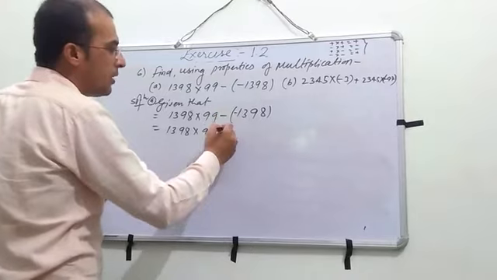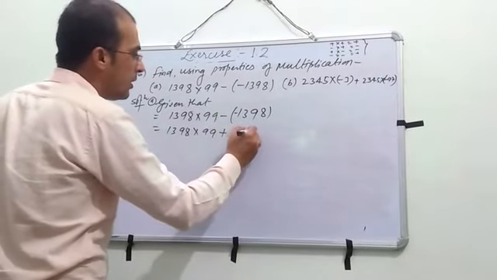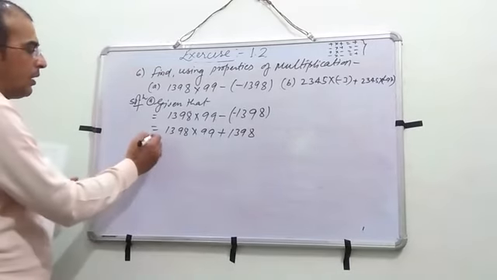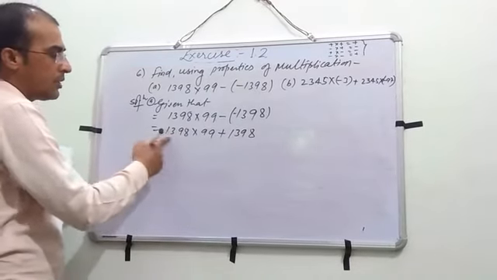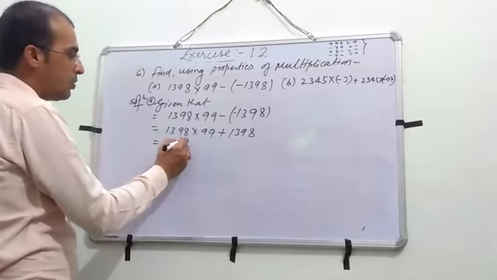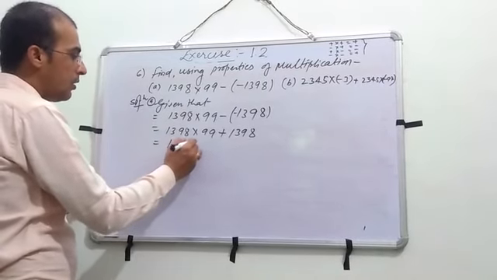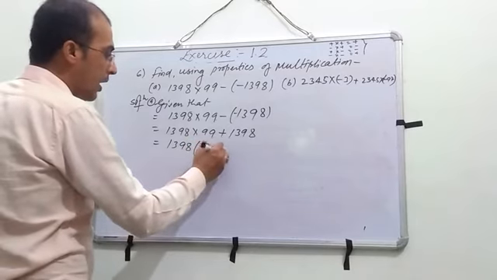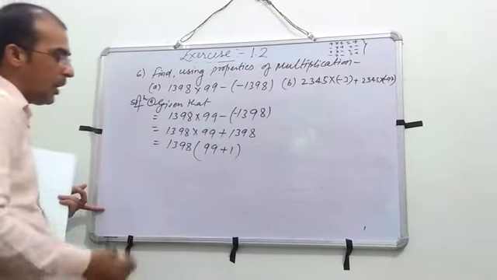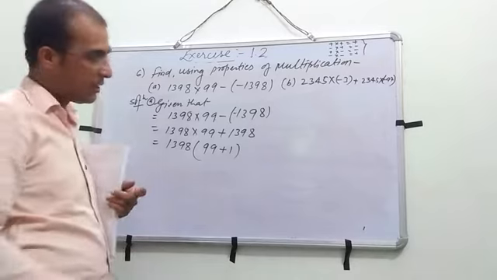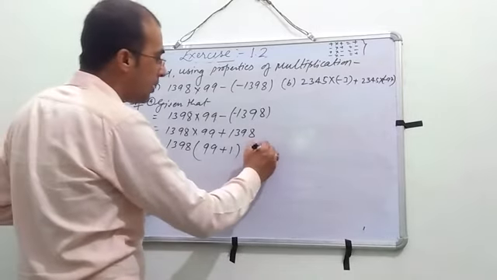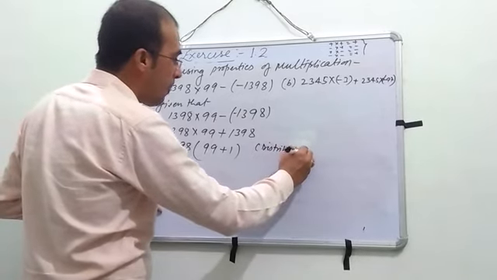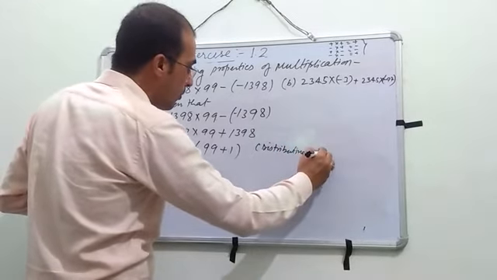Then when you open, this will be plus 398, and we take the common. You can see this is the common. So you take out 398, and what will remain? 99 plus 1. And what is this property? This is the distributive property. So you will write here distributive property.